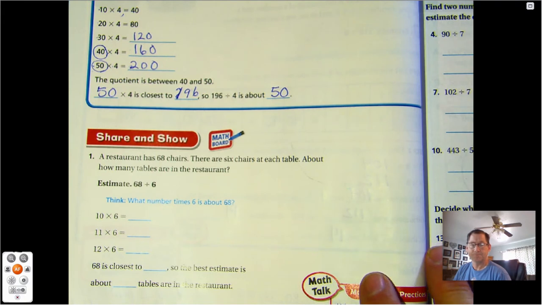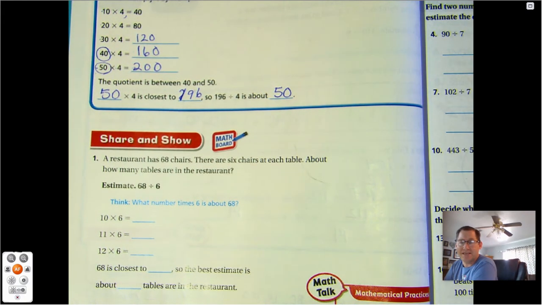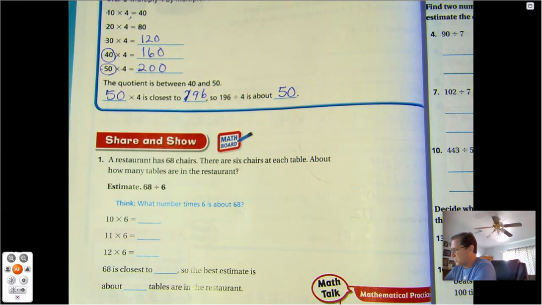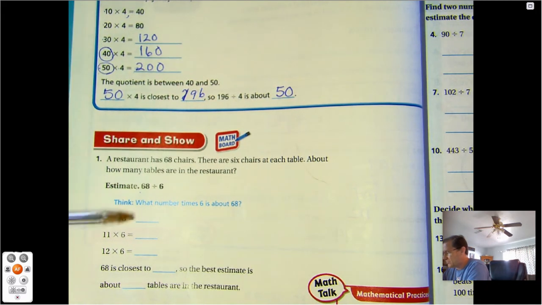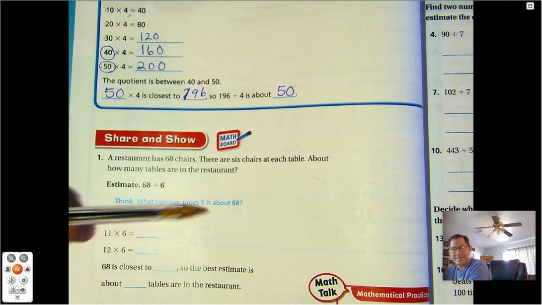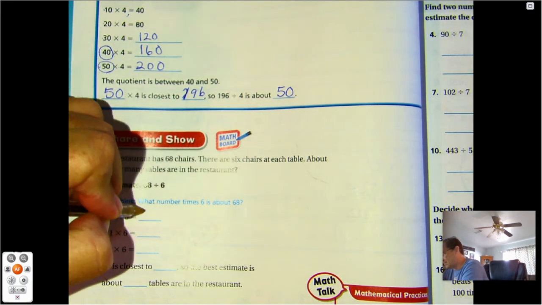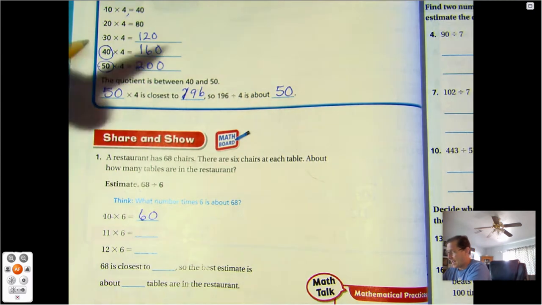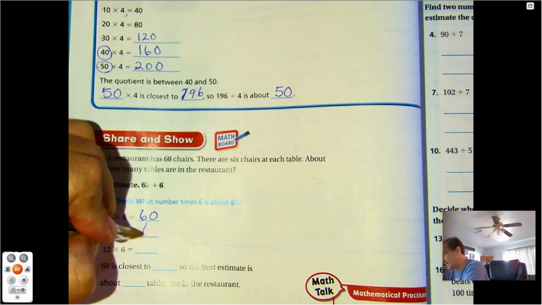A restaurant has 68 chairs. There are 6 chairs at each table. About how many tables are in the restaurant? So we're going to estimate 68 divided by 6. And so we need to think, what number times 6 is about 68? Well, we do know that 6 times 10 is 60. If I add another set of 6, now I'd be at 11 times 6, I would be at 66.